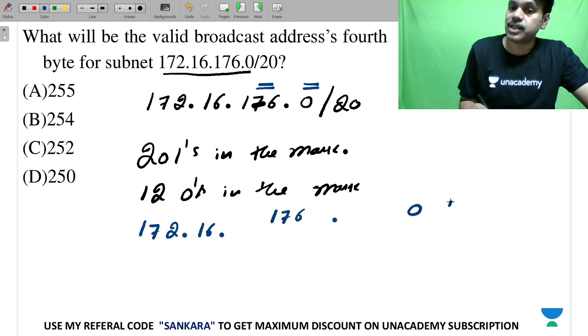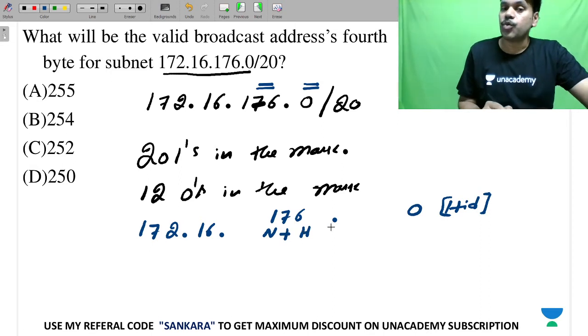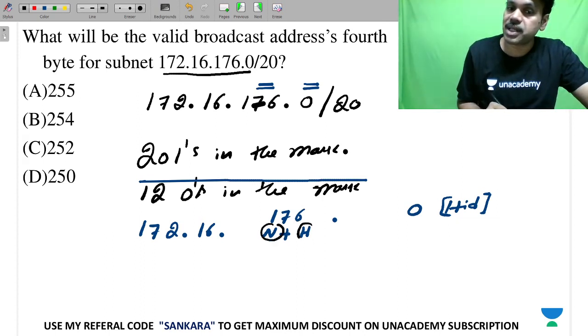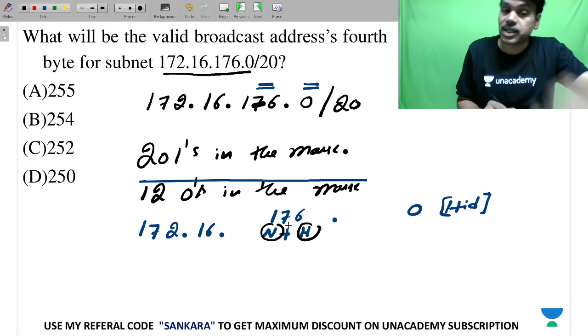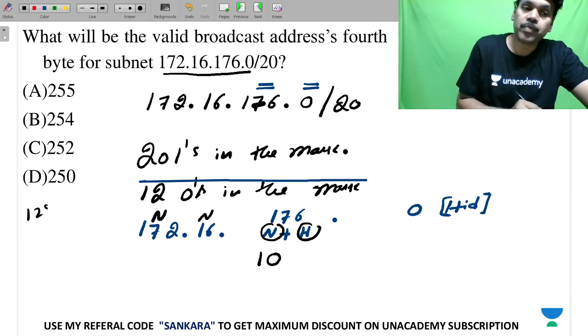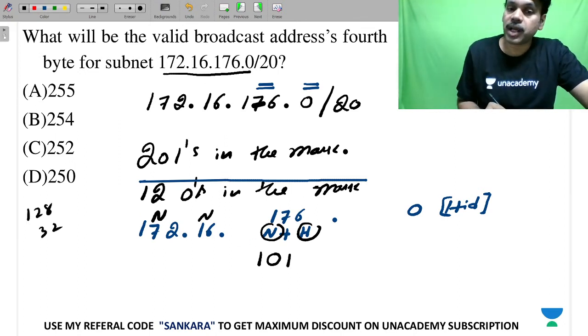So in 172.16.176.0, this is your HID part, 8 bits, and here also some bits are NID, some bits are HID. 4 bits are NID and 4 bits are HID because you need 12 zeros in the mask. So let us write 176 in binary, because some bits are NID, some bits are HID. What is 176 in binary? 128, 64 and 32, 32 on, 16 on, remaining off.